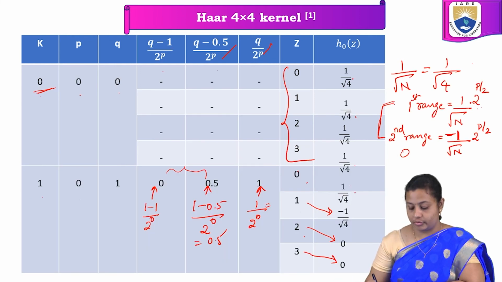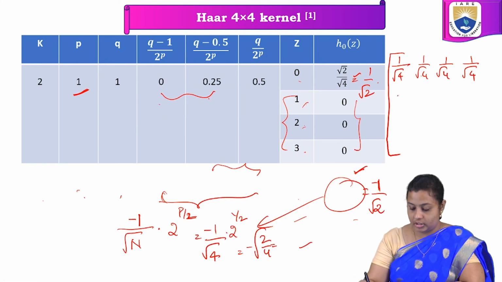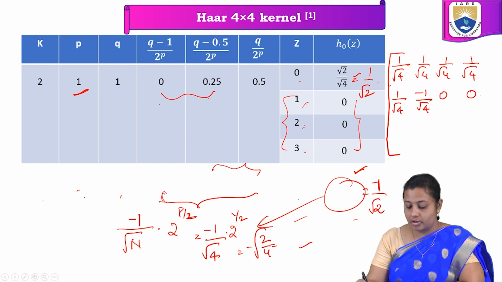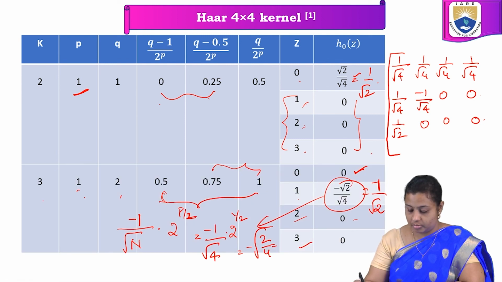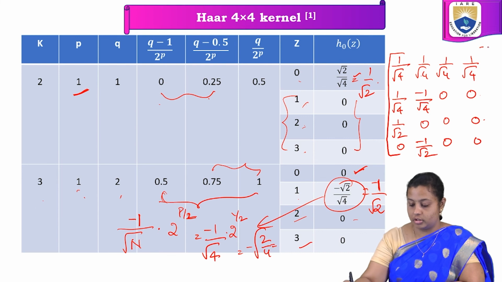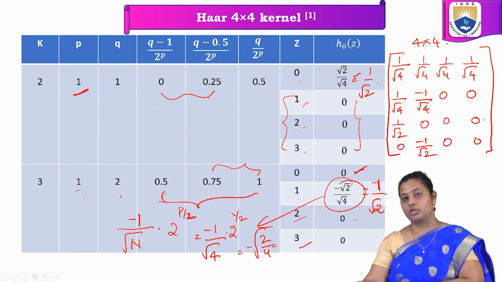In my second row, the first column is 1 by square root of 4, the second column is minus 1 by square root of 4, then 0, 0. My third column is given by 1 by square root of 2, and they all are 0, 0. And my fourth column is given by 0, minus 1 by square root of 2, 0, 0, right? So this is my 4 cross 4 Haar transform function.